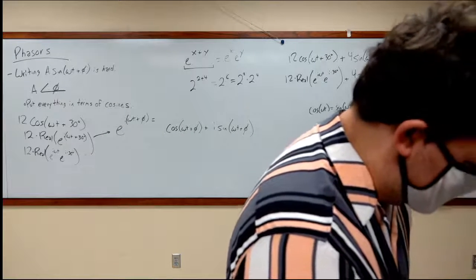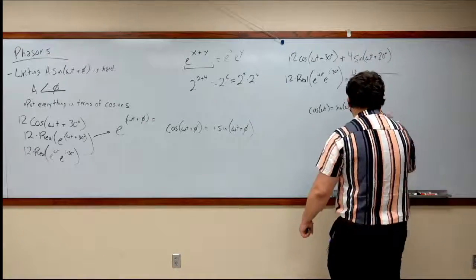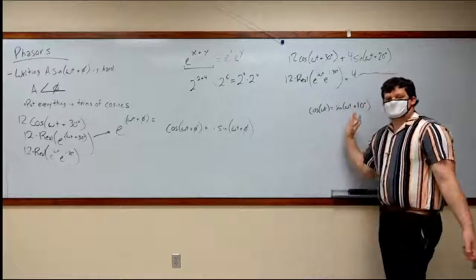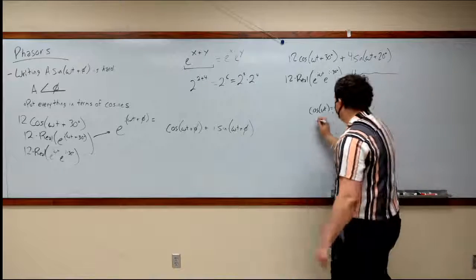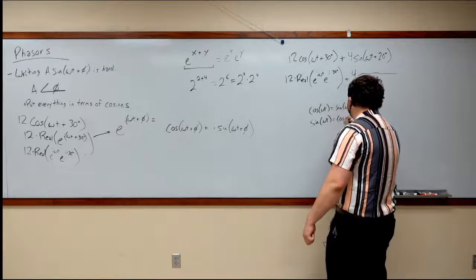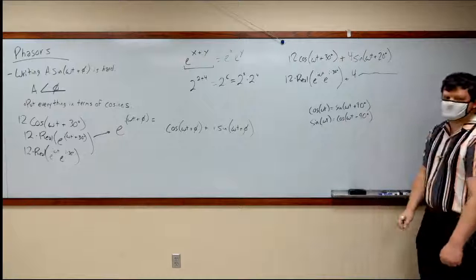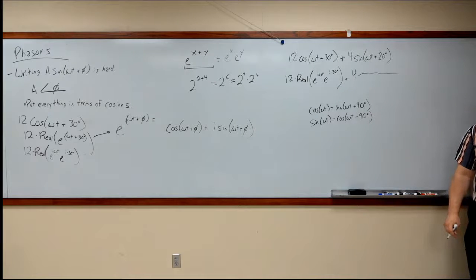Sine equals cosine omega t minus 90 degrees. Yeah. Well, this is also true, it's just the other way around. Yeah, because the way that I gave it was sine is equal to cosine omega t minus 90 degrees. Okay? I never remember whether it's a plus or a minus.